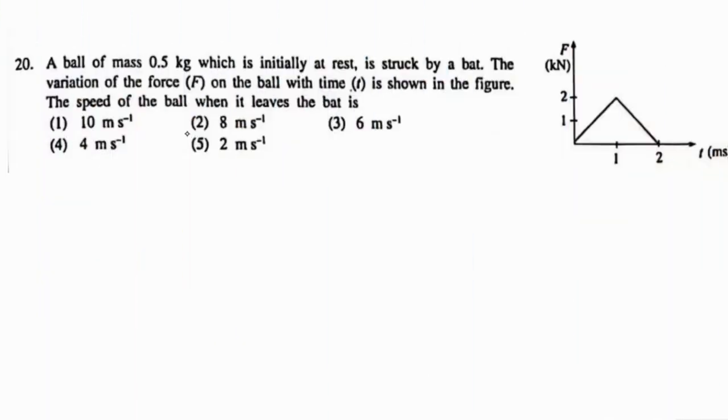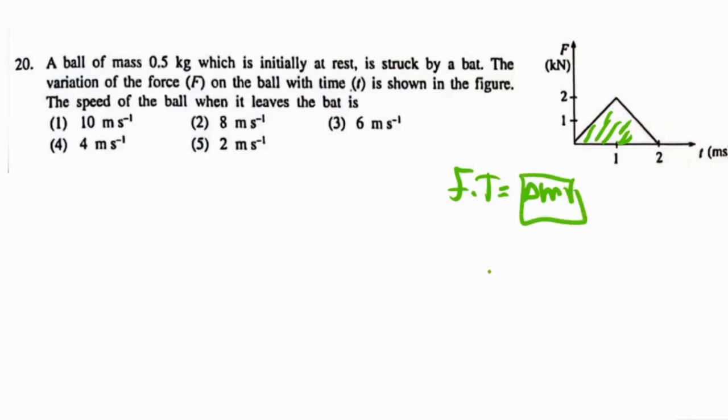Students, I'm showing you a small question, how to use the graph analysis and get the answer. So let's read the question. A ball of mass 0.5 kilogram which is initially at rest is struck by a bat. The variation of force on the ball with time is shown in the figure. Find the speed of the ball when it leaves the bat. So here from the graph what we should get is the area, F into T. From F into T we are getting delta mv, so change in momentum.